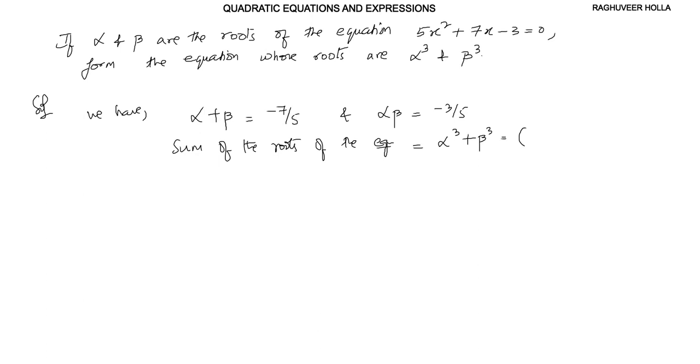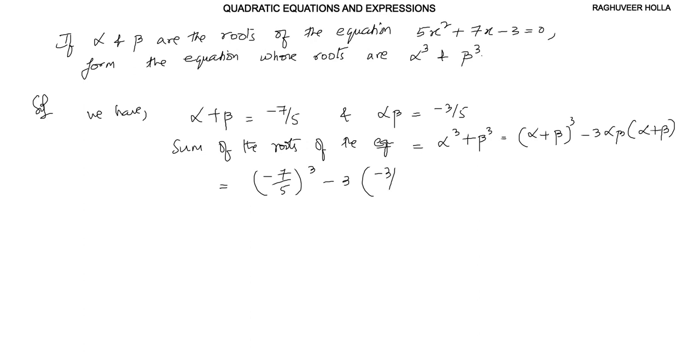which is alpha cube plus beta cube, is equal to alpha plus beta whole cube minus 3 alpha beta into alpha plus beta.